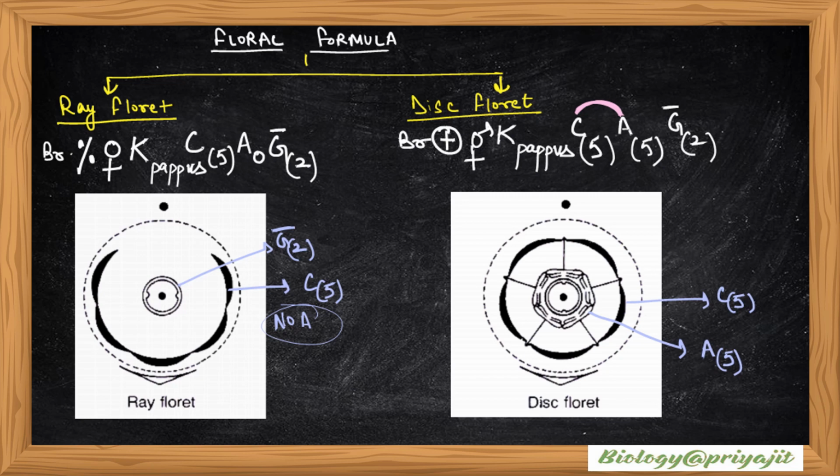The calyx is also called pappus, and the corolla and androecium are fused with each other. 5 petals and 5 androecium are found, and they are fused. They are written within bracket. Gynoecium is also in fused condition, and the 2 gynoecium are there and they will be written within bracket.